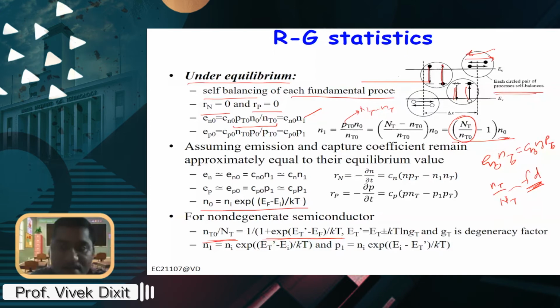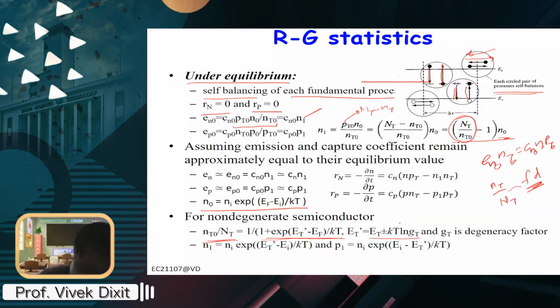That we have discussed while discussing the doping. And this is basically same expression, because if you substitute here, you will get G here in the factor, right? Because this ET will come here and KT log GT divided by KT, so KT will cancel. Exponential log GT will come as GT here, right?